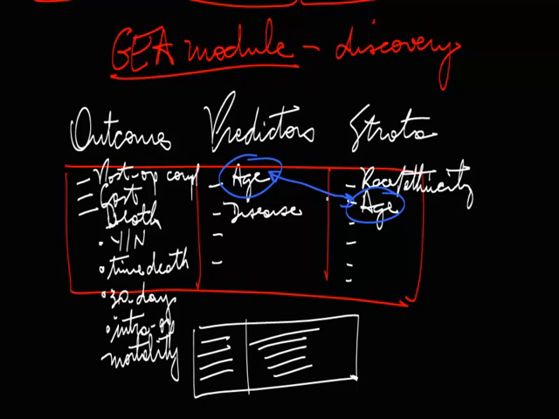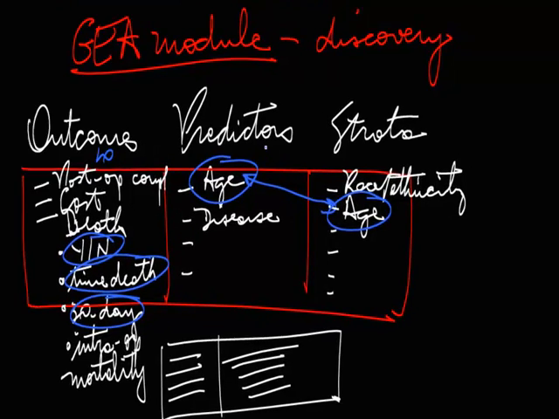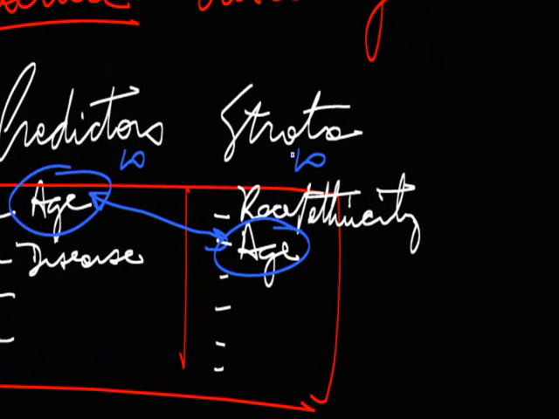Now, very important, keep in mind that for each one of these categories, and by categories I don't mean variables, I mean really like, okay, death, yes or no, time of death, and so on. Let's say that, between variables and categories, you have something like 10 different variables here, 10 different predictors, and 10 different strata.